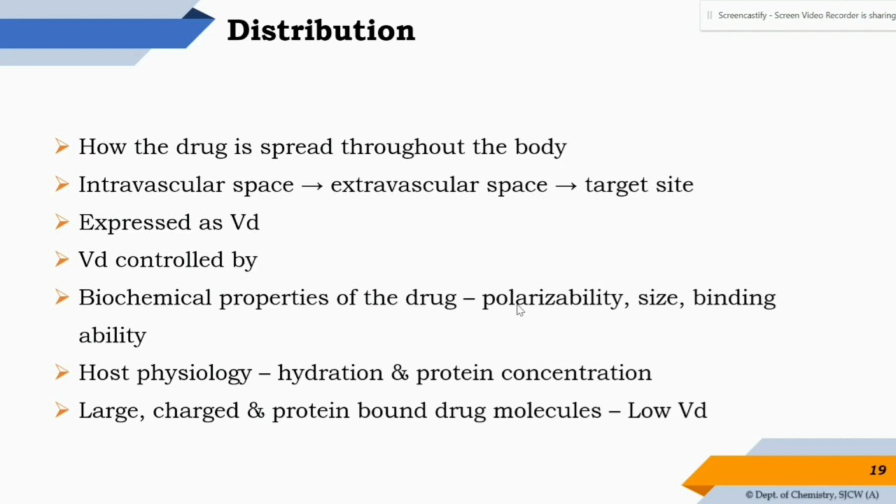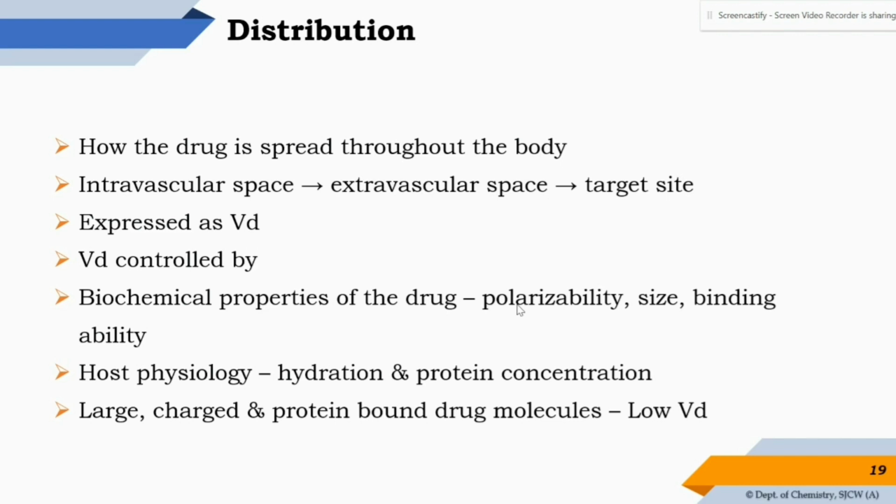From the intravascular space, which means space inside the blood vessel, the drug will diffuse to the extravascular space, which means outside the blood vessel. From there it will reach the target site, and there it will produce its action by binding to the specific receptors.